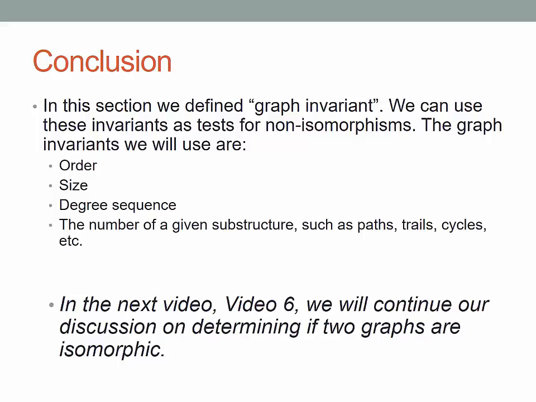So a graph invariant is a number that is invariant under graph isomorphism. What this means is if we have a different graph invariant for two graphs, then they are certainly not isomorphic. The invariants that we've talked about here, order, size, degree sequence, and substructures, are just a small sampling of the large number of graph invariants.